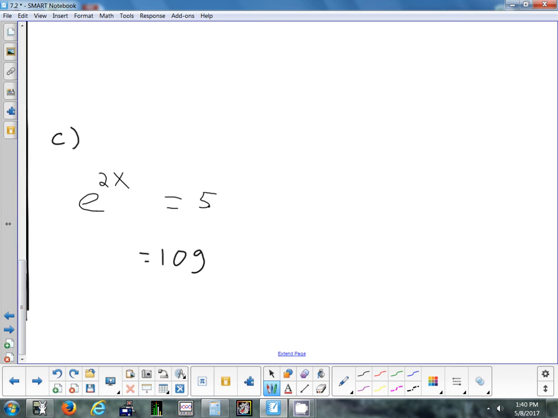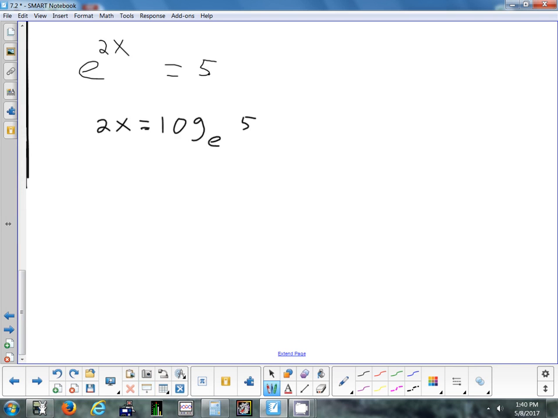Now we'll start looking at those things individually and put them in the right spot. So somebody already said it earlier, but what is my base here? E is my base. We'll come back to that in a second. What's this going to equal? 2x. And 5 is my argument.